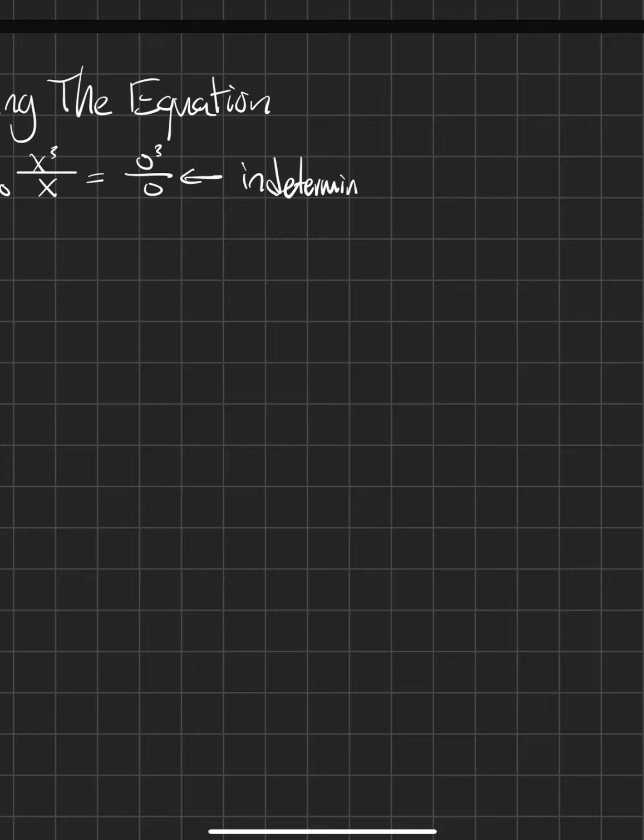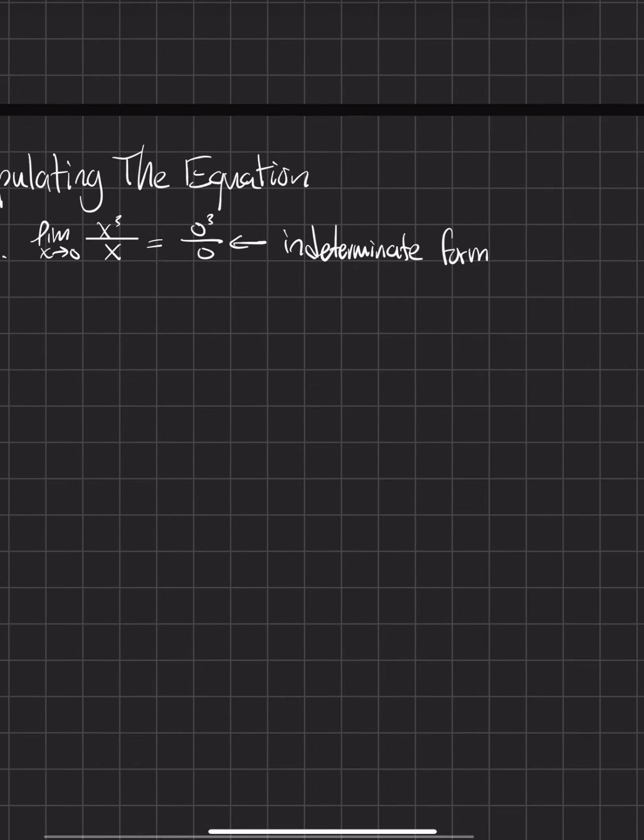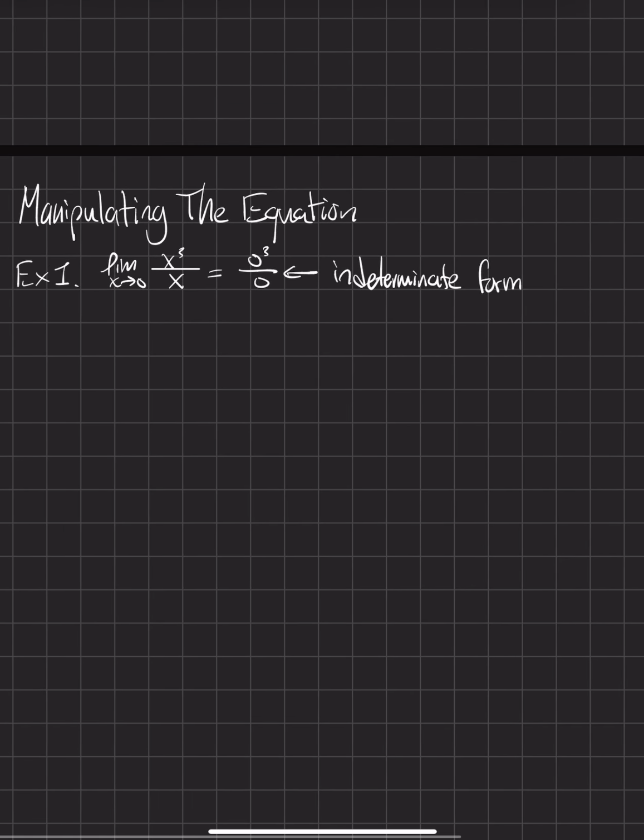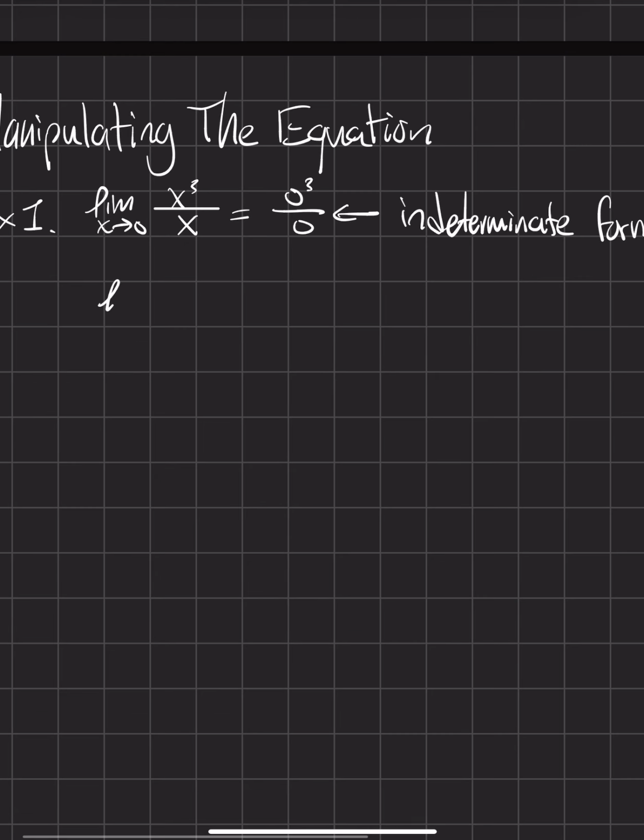Indeterminate form. This pretty much means that there's more things that you can do to your function in order to be able to get a value. So in this case, what you can do is factor it out. So the limit as x approaches 0 of x cubed over x, what you can do here is factor out an x. What you would get here is now you see there's an x over x.